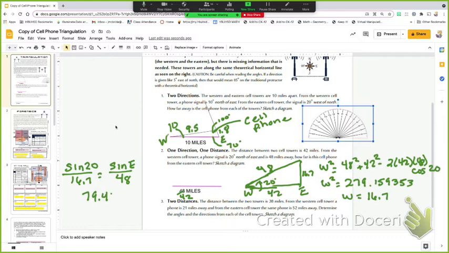Now you're ready to draw it to scale. If you take your protractor and you draw the proper angle from the western tower and the proper angle from the eastern tower, everything else will be to scale.